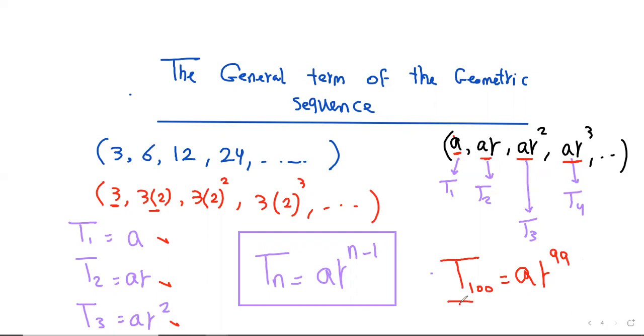If I want to find T20, it's AR to the power of 19. And T15, it's AR to the power of 14. So we can find any term: the nth term is equal to A, the first term, multiplied by R, the common ratio, raised to the power of n minus 1.